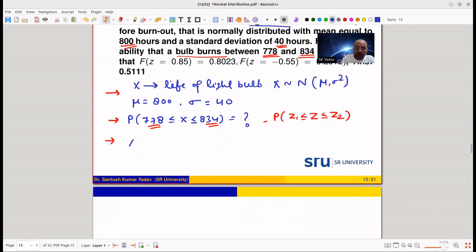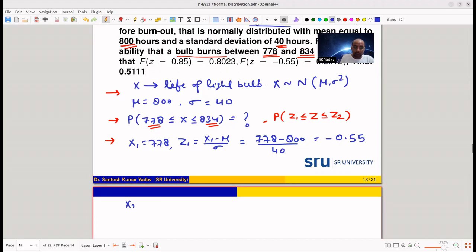When x1 is equal to 778, z1 is x1 minus mu upon sigma, which is 778 minus 800 divided by 40, which gives minus 0.55.